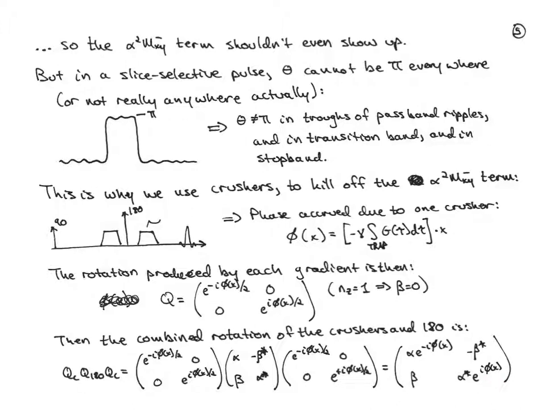So it turns out the crusher terms cancel out on the betas of the overall Q matrix, but they are maintained on the alphas. And you can probably appreciate now that we're going to be left over with these big phase shifts on the alpha terms of the overall spin echo signal profile.